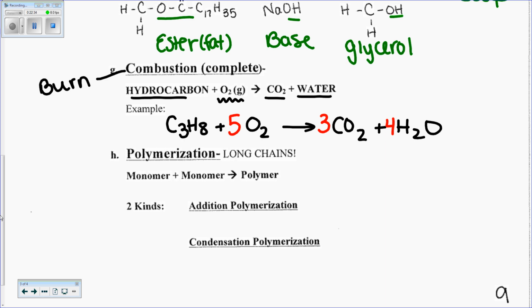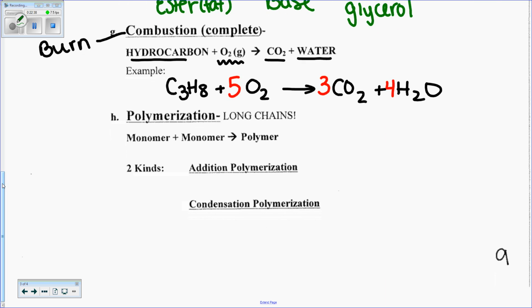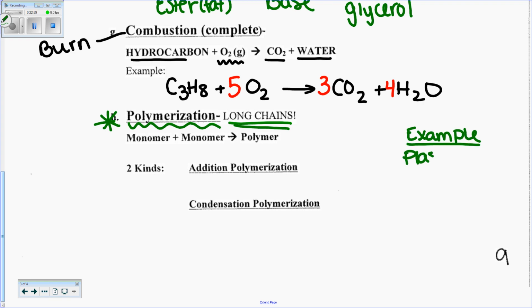Very last one, which I would say the Regents actually likes probably the most, because it's the most applicable to our real life, would be polymerization. Polymerization is where I make really long chains. Really long chains. So things like plastics. I'll put them over here. So examples: plastics is definitely one.